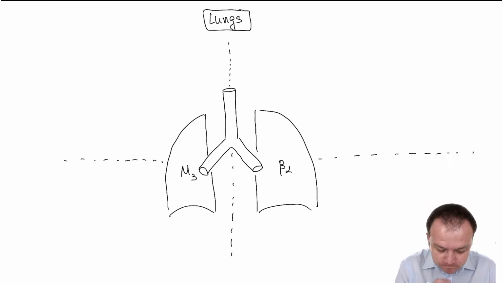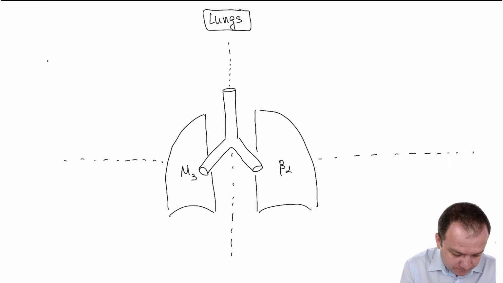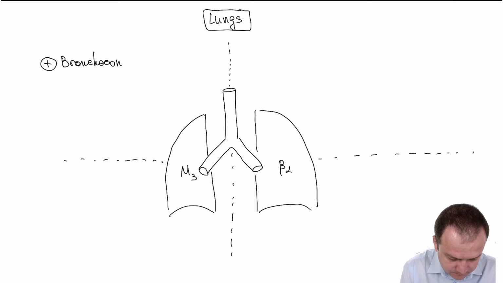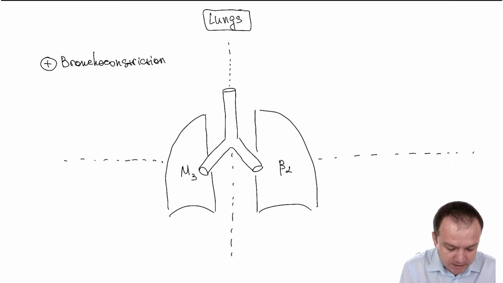So activation of M3 cholinergic receptors causes bronchoconstriction. What kind of drugs do we have?